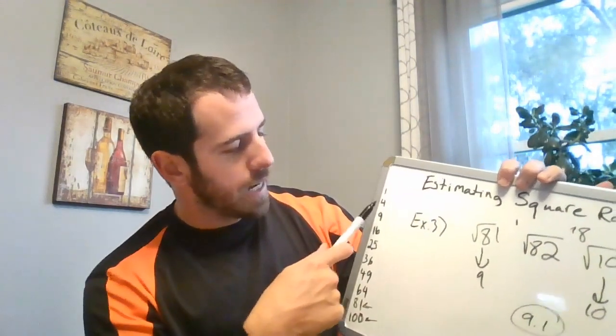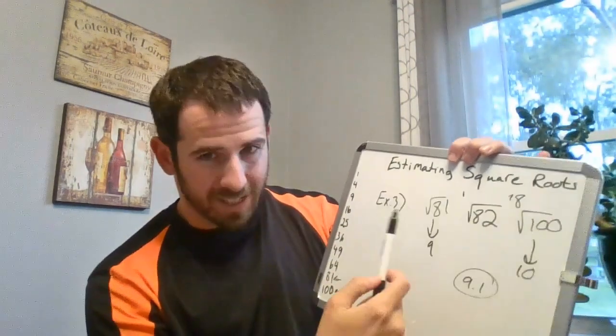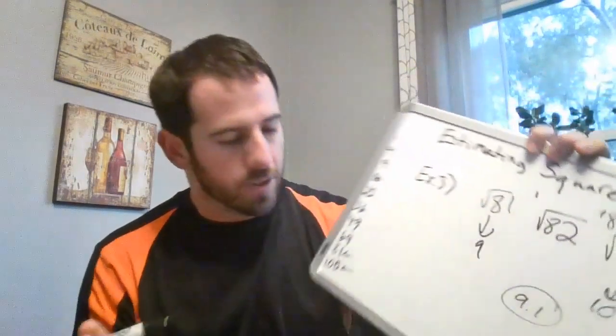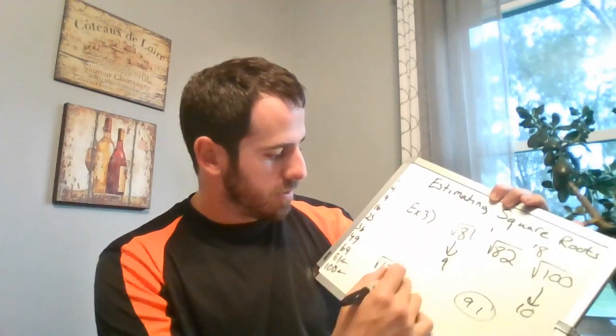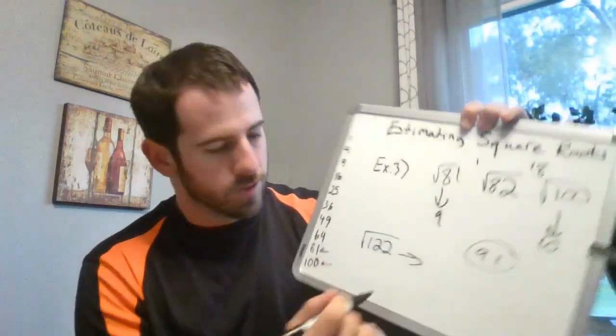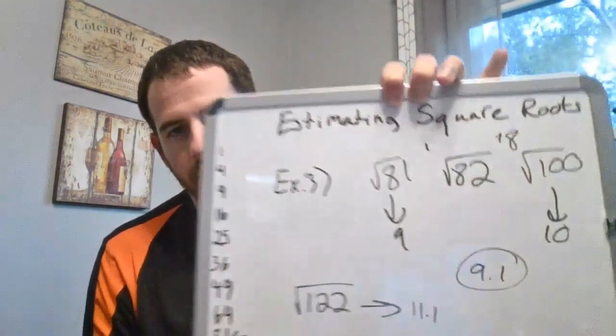To get from 4 to 9, I have 5, 6, 7, 8. To get from 81 to 100, that's a lot more numbers than from 4 to 9. So it's larger numbers. For another example, we could say 122. If we continue our list, we know that 11 squared is 121, so this probably is 11.1. Pause if you need to.